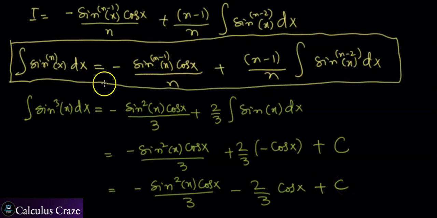Now if you apply it onto 4, then here you will have sine power 2, and again you will repeat the formula. So you can apply it successively to get the integral of sine power n. I will try to apply it for n equal to 4, sine power 4 x dx.